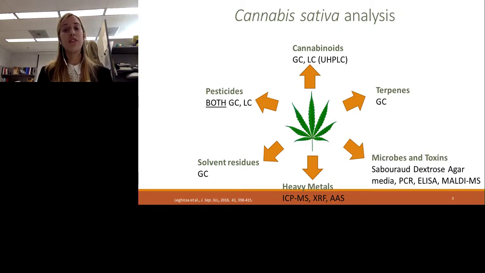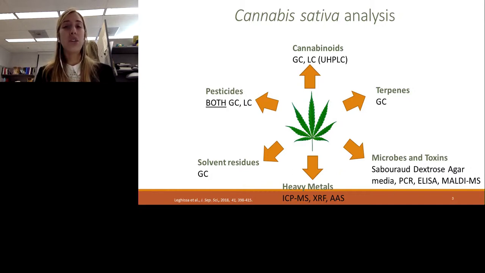And then we have 4 other kinds of analytes that are actually called contaminants. So ideally, they should not be present in the plant. And we have pesticides, solvent residues, heavy metals, and microbes and toxins. As you can see, under each name of the analyte, I highlighted the different methods that are most widely used for the analysis of these analytes.